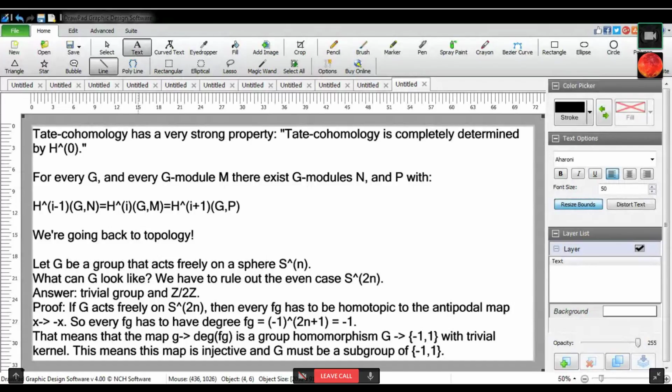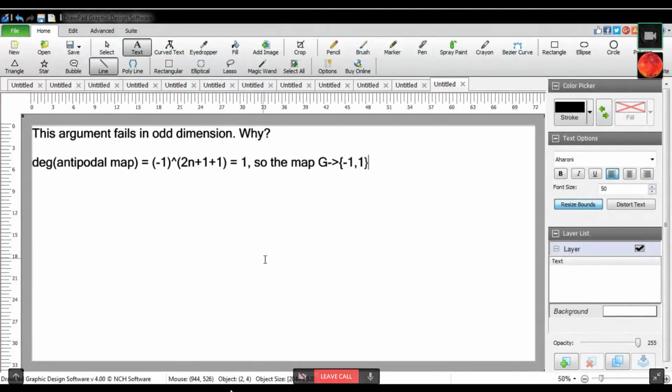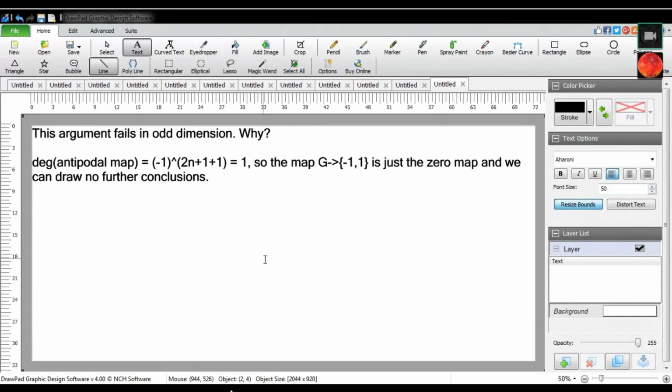So the map that we constructed that sends g to the degree of f_g is just a zero map, and we can draw no further conclusions. And this is where Tate cohomology comes into play.